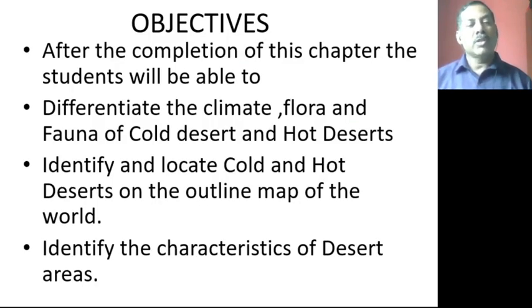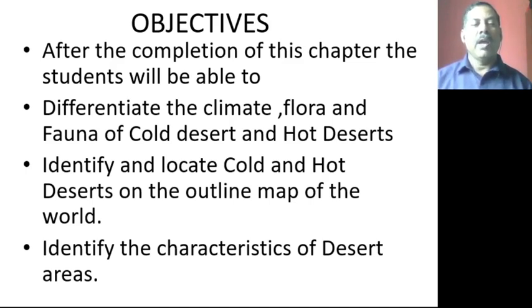Before starting a lesson, you should know what objectives are there before starting the chapter. After the completion of this chapter, you should be able to first differentiate the climate, flora and fauna of cold deserts and hot deserts.